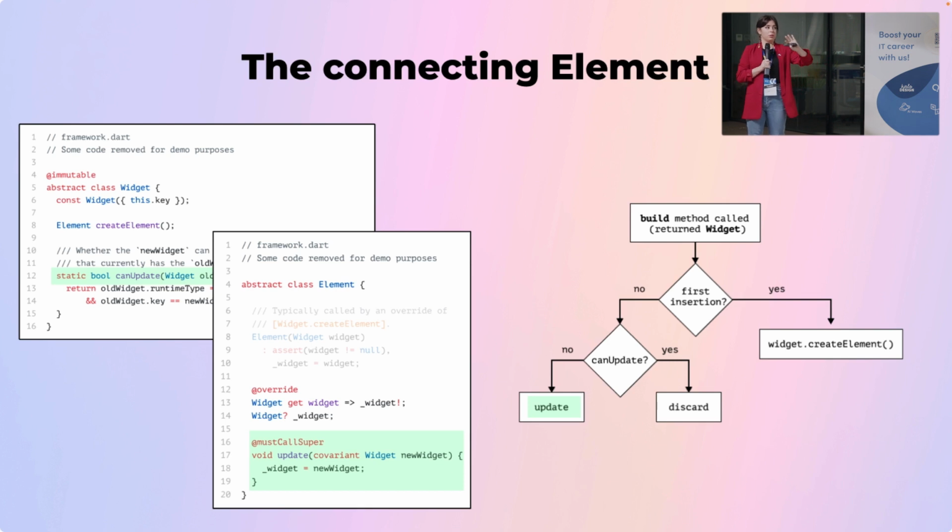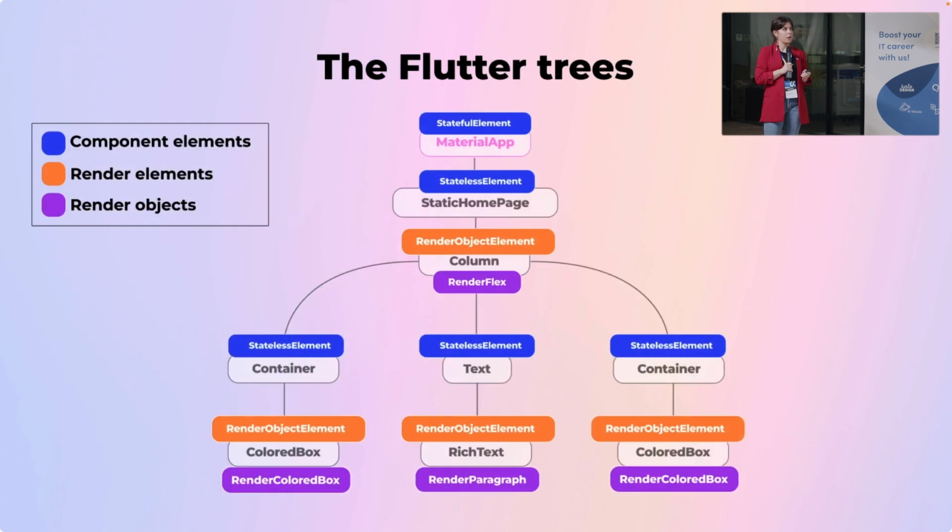See, we have discarded the old widget, it's gone, we don't know about it anymore. We have created a new widget, assigned it, and all of this time the element is staying the same. Just the widgets are changed. And the same happens with the render object. Like render object is updated, and if there are any changes, it also repaints.